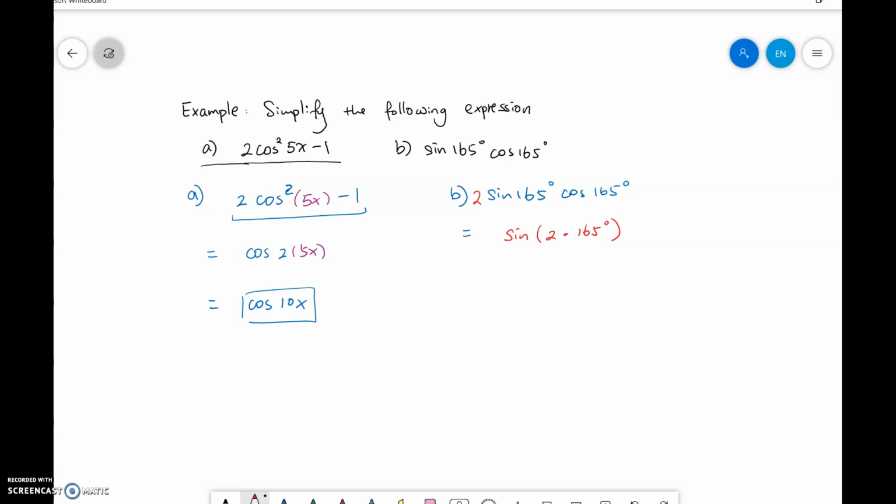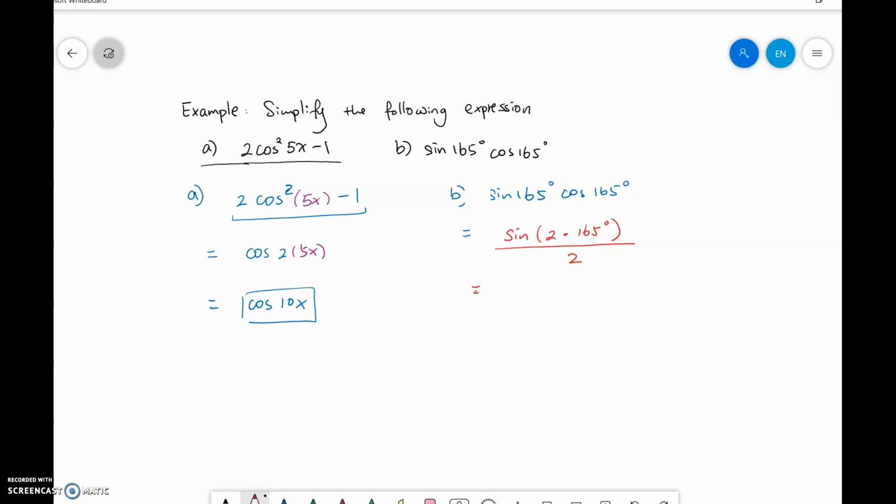Since we do not have the 2, that means we're going to divide it by 2 for the sine of 2 times 165 degrees.